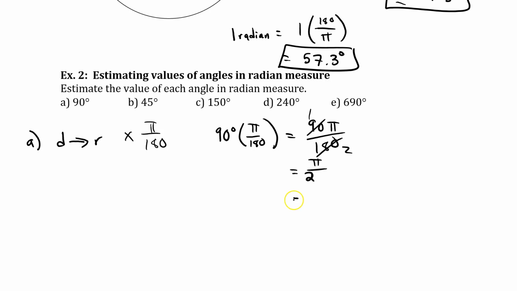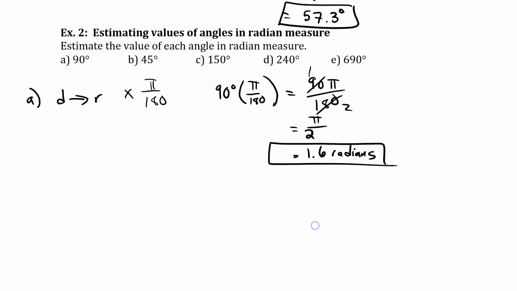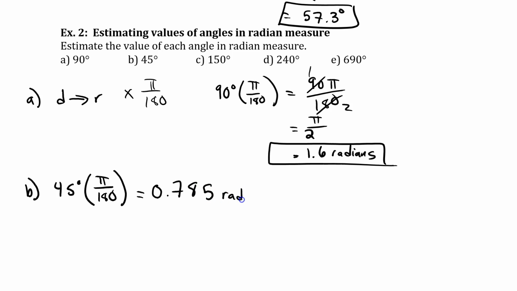So when I do this, it's 3.1415 divided by 2. It's going to be approximately 1.6 radians. Same thing with B. 45 degrees times pi over 180 equals 0.785 radians.